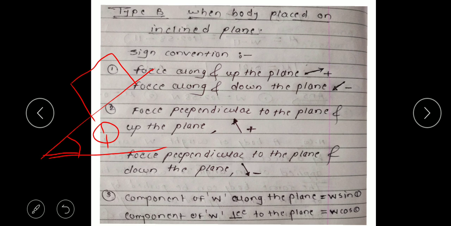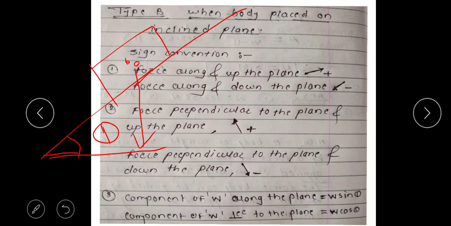Then the next case, the force perpendicular to the plane. First of all I will draw the actual diagram, how the diagram on the inclined plane looks. So this is the real inclined plane. On it we are going to place one mass. When we place the mass on the inclined plane, the weight of this body will be in a downward direction, straight.